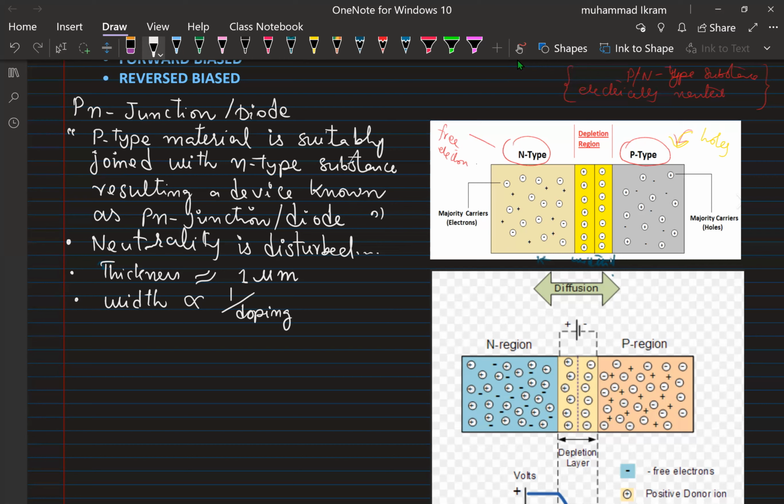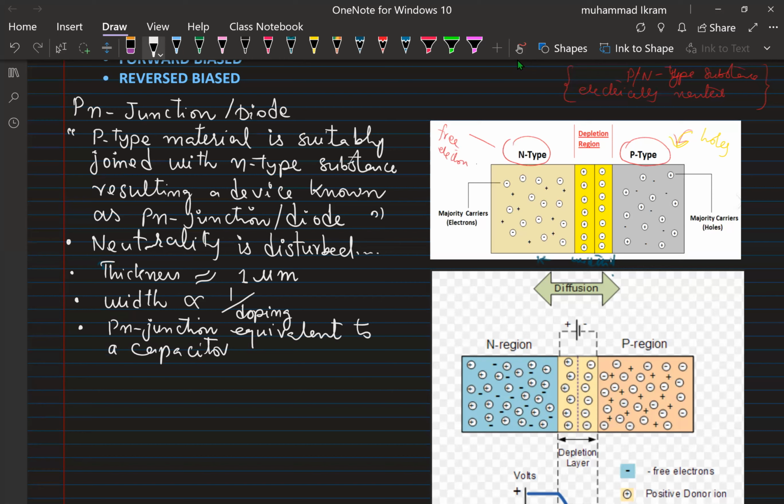Long story short, the PN junction is very much similar, or equivalent, to a capacitor. In a capacitor, there is a dielectric between the two plates.